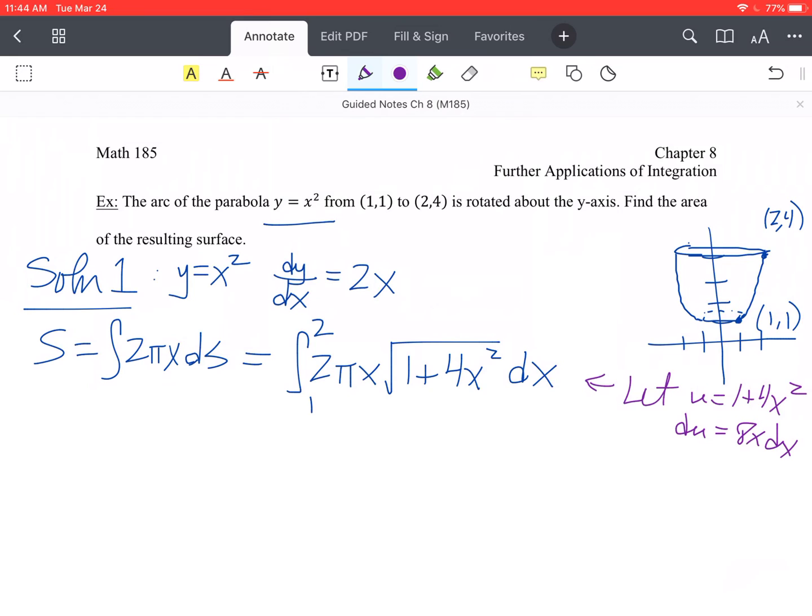And I'll go ahead and convert the bounds as well. So when x is 1, using this substitution, we have 1 plus 4 times 1 squared, so that's 5. And when x is 2, our upper bound, we get 1 plus 4 times 4, so that's going to be 17.